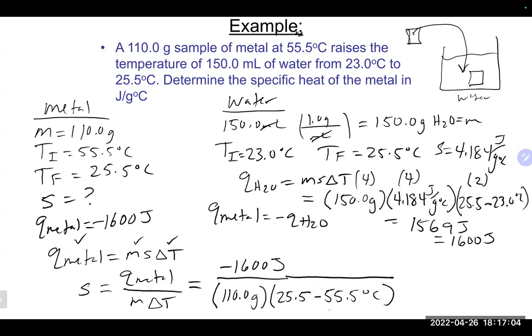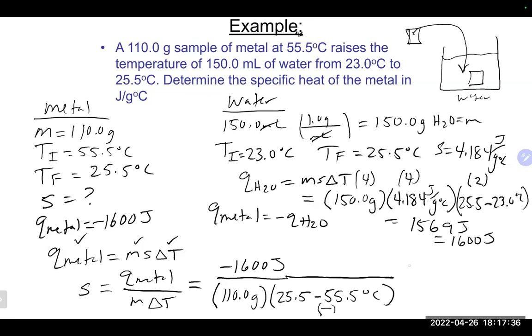That is important because that difference will now give us a negative value, right? And the negative value on the bottom will turn our specific heat capacity into a positive number, which is what it should be. So if we do all that math, we end up with 1,600 divided by 110 and divided by a difference of 30.